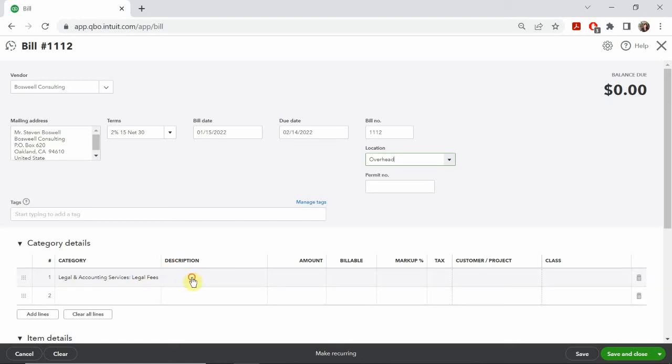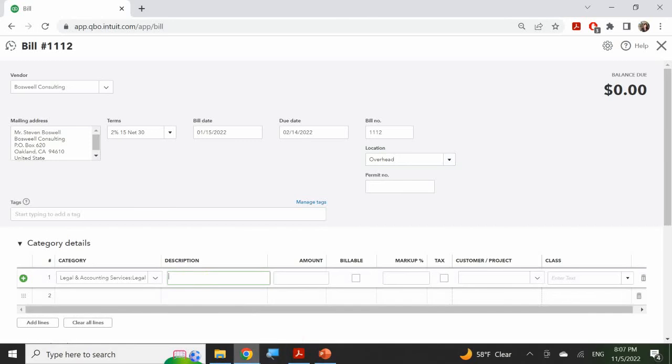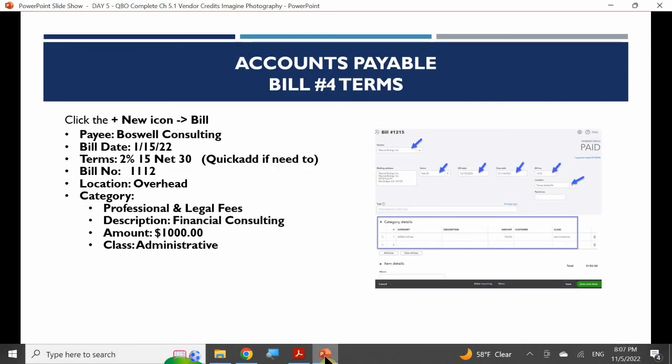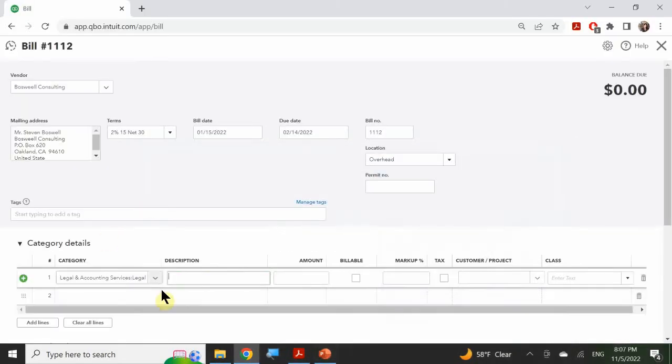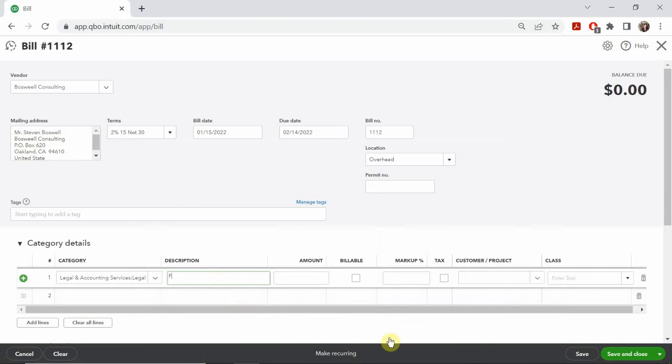Okay? Description. Let me see. I don't think there is. Description is financial consulting. Okay. So remember, this is not in your book, but it's something that I do. This part right here is in your book, but it's not in the Imagine Photography.